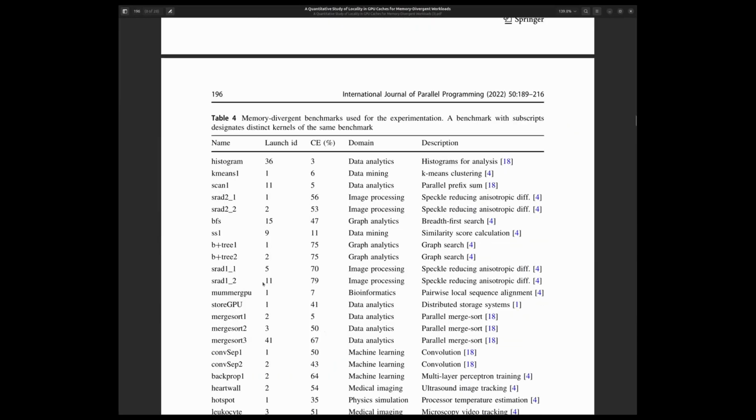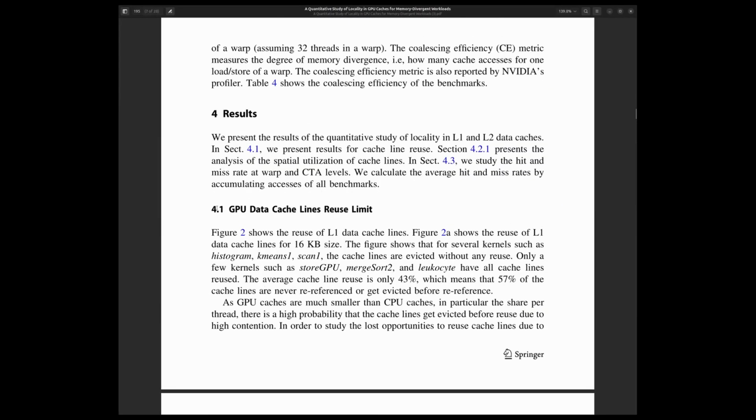So the first thing they try to do is understand the cache line reuse in the L1 cache under realistic conditions, under the GPU cache size constraints, at least at the time of the paper.